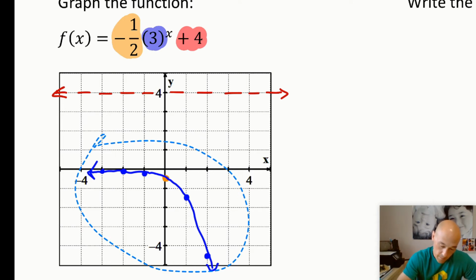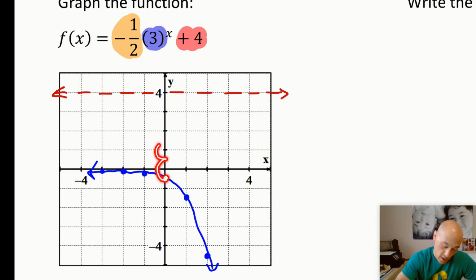So since my y-intercept here is -0.5, I go up 4 units. 1, 2, 3, 4, and it's right there. That's going to be 1 point. Now up 4 units, 1, 2, 3, 4, right there at y = 2.5. Here we were at -4.5. 1, 2, 3, 4. So right there at -0.5.